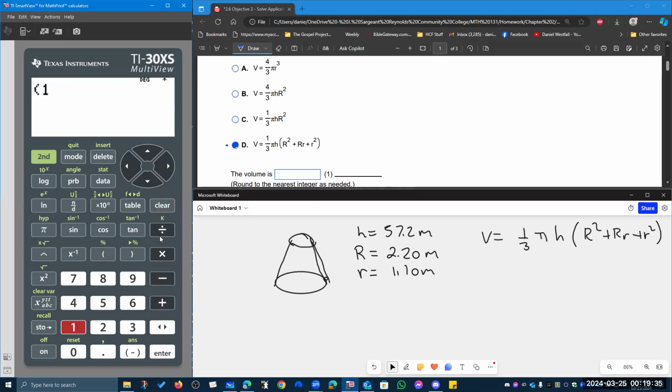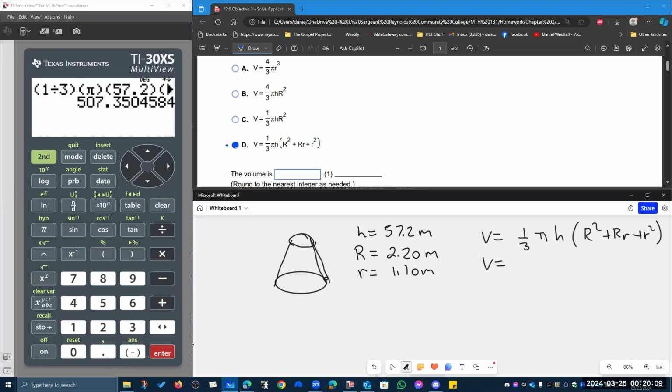We have 1/3 times pi times h, which is 57.2, times big R squared plus big R times little r plus little r squared, close parentheses.